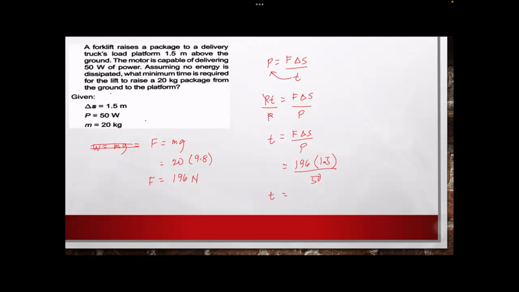So the time is 196 times 1.5 divided by 50, which will be 5.88 seconds. So this is the minimum time required for the lift to raise a 20 kilogram package from the ground to the platform. Question? Clarification? May kailangan bang ulitin?